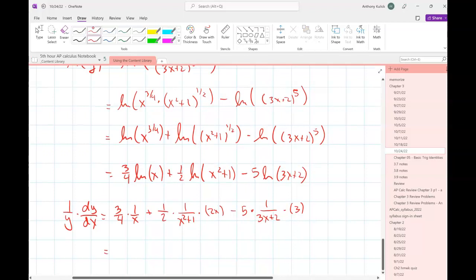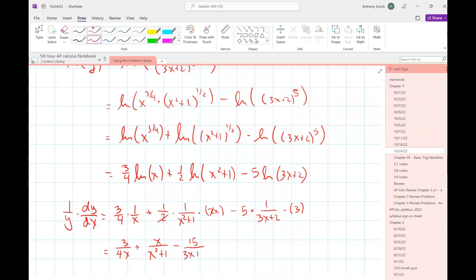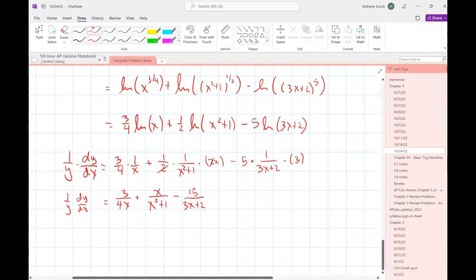So if I take the right-hand side, we can simplify this a little bit. But we want to get the derivative.